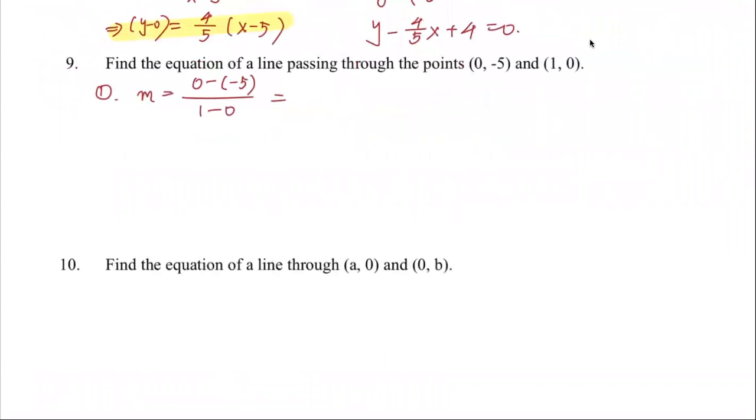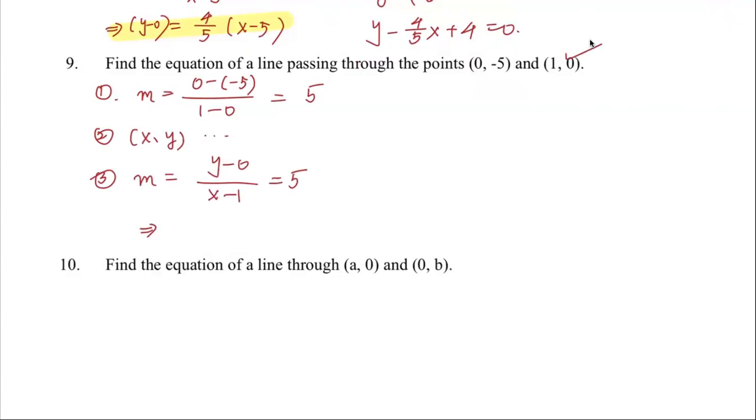So that's 5 over 1, which is 5, right? Second step, we let x, y be the general form of all the points. The third step, we use the slope formula again. We pick this point, okay? So y minus 0 over x minus 1 is equal to 5, okay?